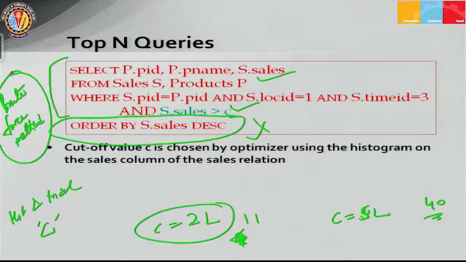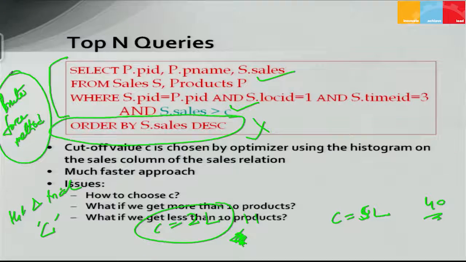So the value that you get from the histogram would be a little bit outdated. But as I told you, it is a hit and trial method, and any value that the histogram suggests would give you a decent cutoff, and it leads to a very efficient approach.